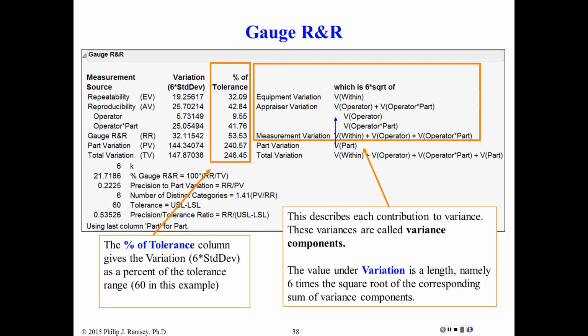That's one of the issues I have with the use of what's called the study variation and those percent of tolerances. They have some value. It gives you an idea of how much of the tolerance range a particular component of variation takes up. But the downside is they just don't add to anything in particular.